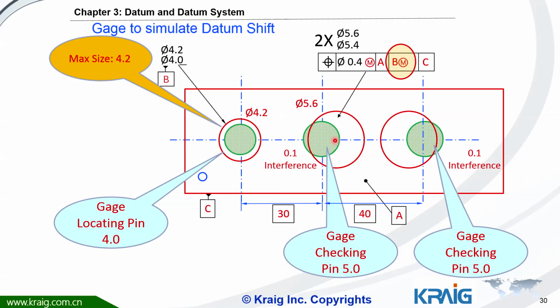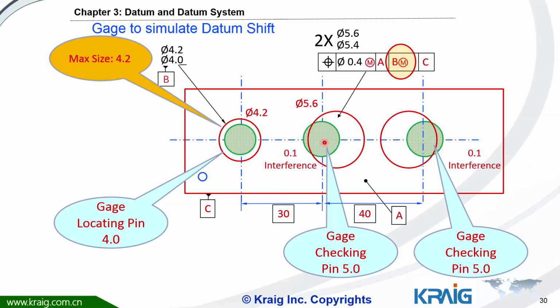The size of this checking pin is based on the MMVC or MMVB, maximum material virtual condition boundary. We have explained that in the previous module. What is MMVB, right? The MMVB is, we use the smallest hole 5.4 minus 0.4, and we get 5. Again, repeat again.